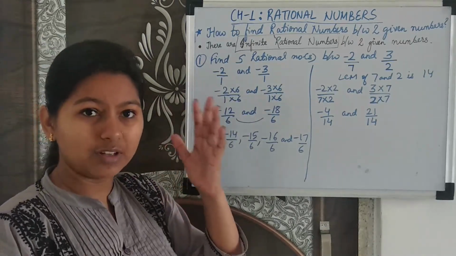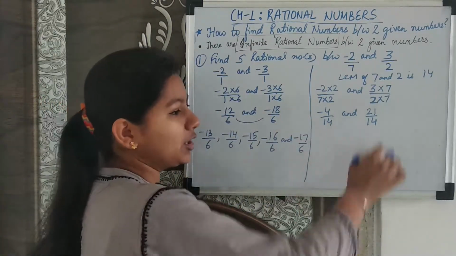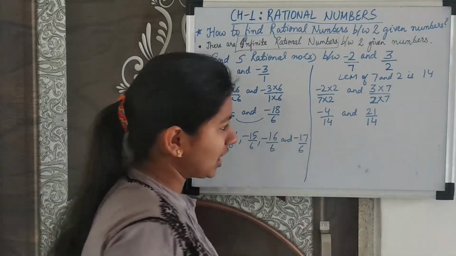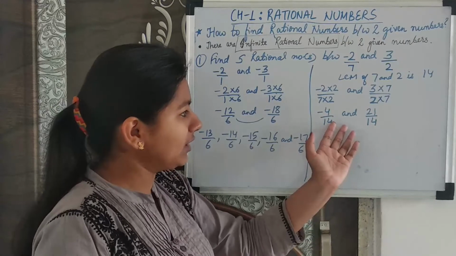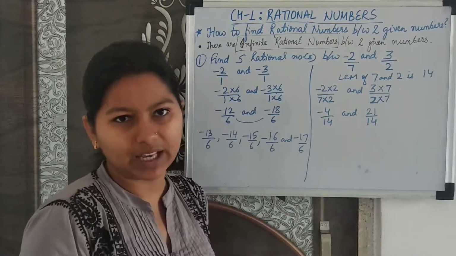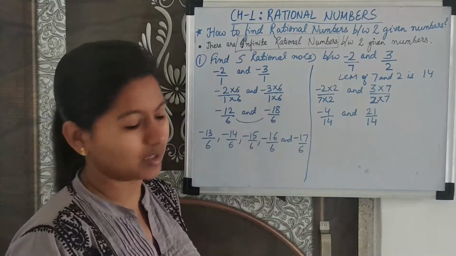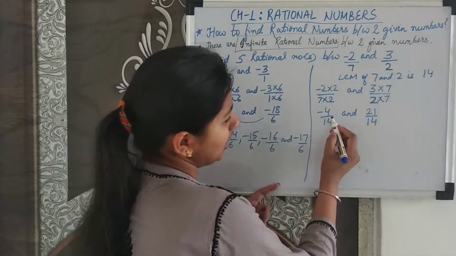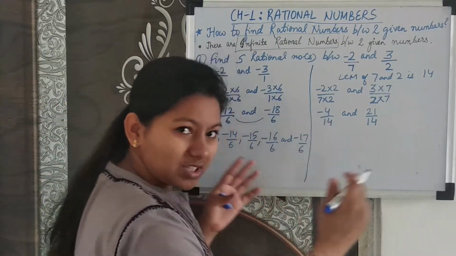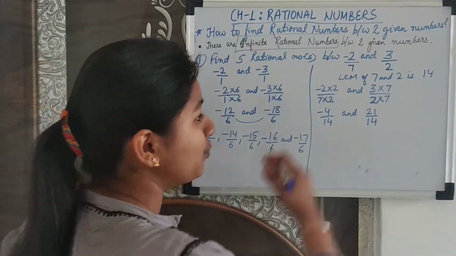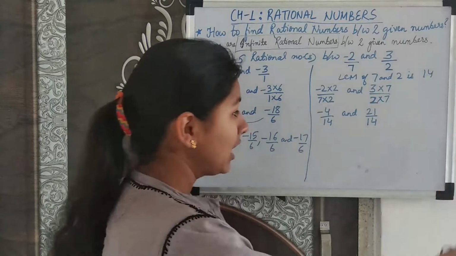In this case you will think that we should multiply both numerator and denominator by 6. But before multiplying, just check that if I am finding 5 rational numbers without multiplying, then there is no need of multiplying by 6 and 6. So you can check. Just imagine the number line. Minus 4 by 14 is on the left of 0 and 21 by 14 is on the right of 0.